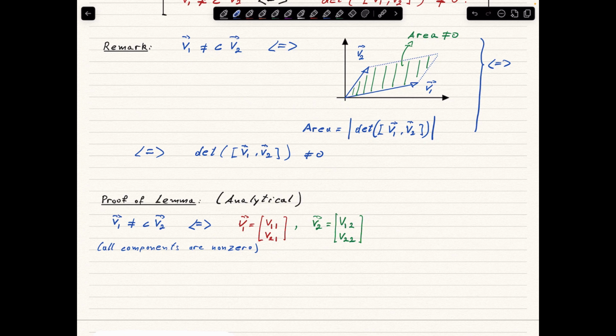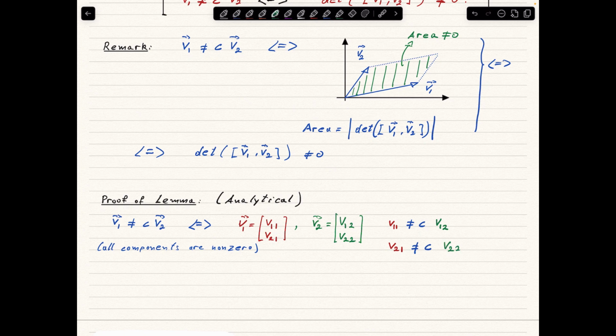The equation is that V11 is not equal to a constant C times V12, and at the same time V21 is not equal, with the same constant C, to V22.